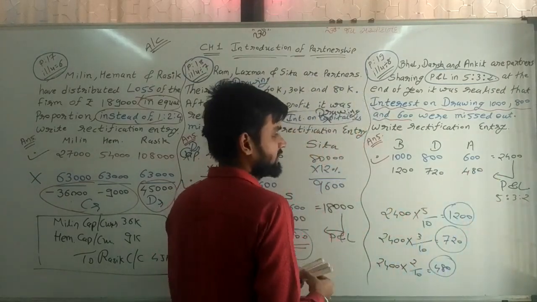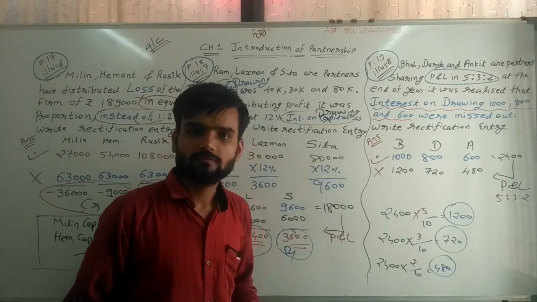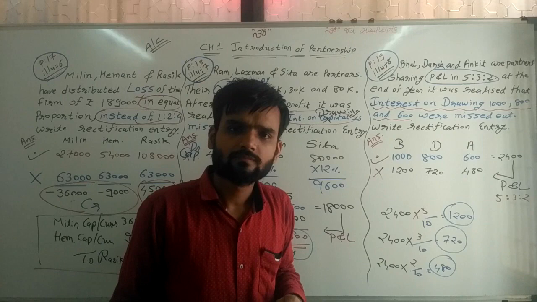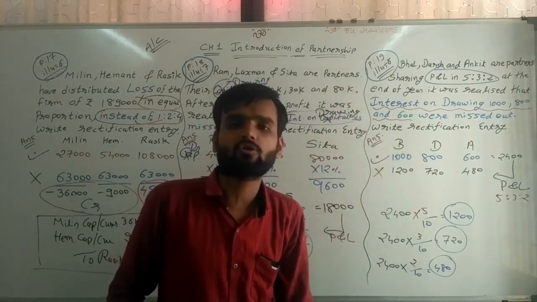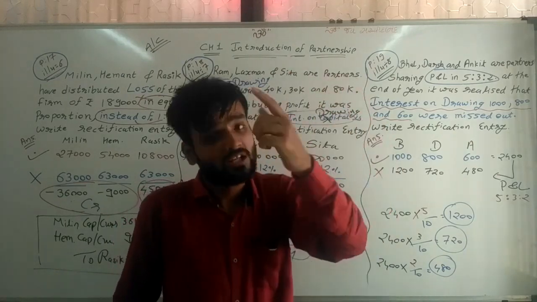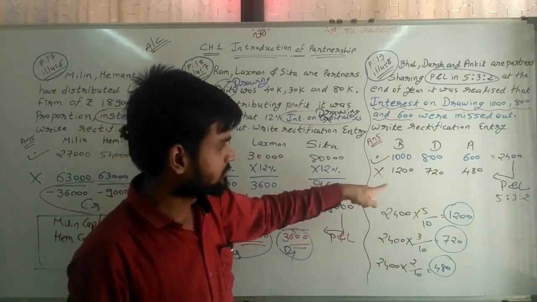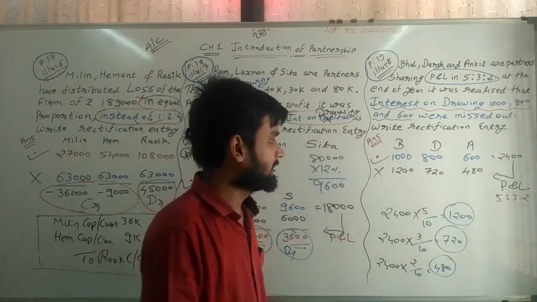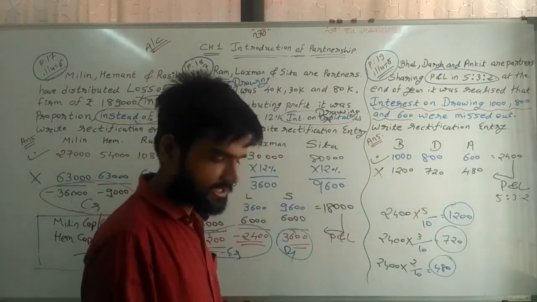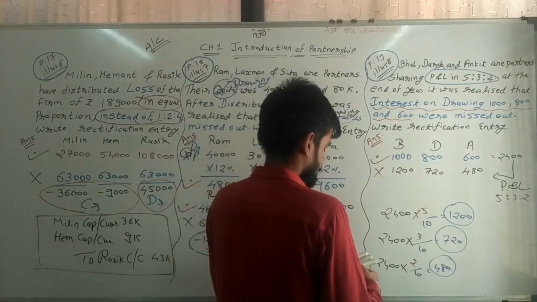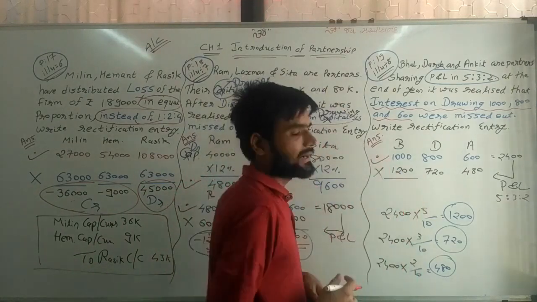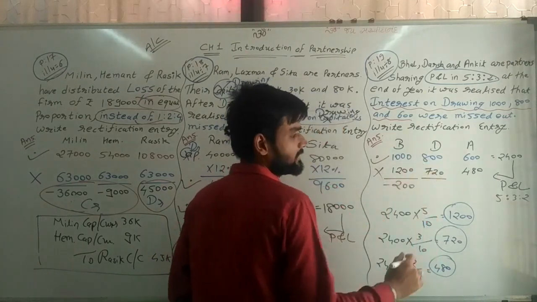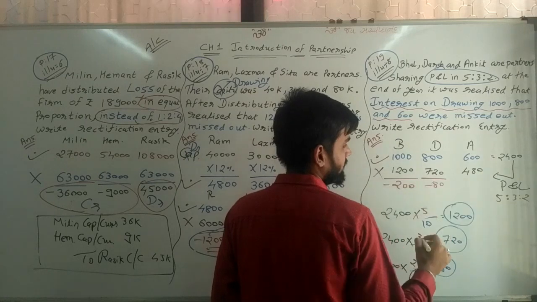And this is the wrong calculation because we have distributed profit without calculating interest on drawing. So first of all, we need to calculate interest on drawing. Then after giving effect of that, we can distribute profit to the partners. And now just find difference between the two. 1000 minus 1200, minus 200. 800 minus 720, sir, minus 80.